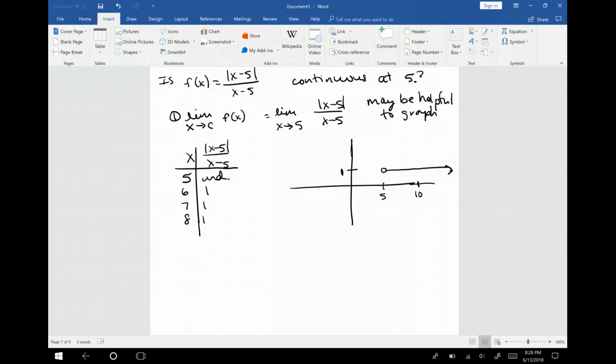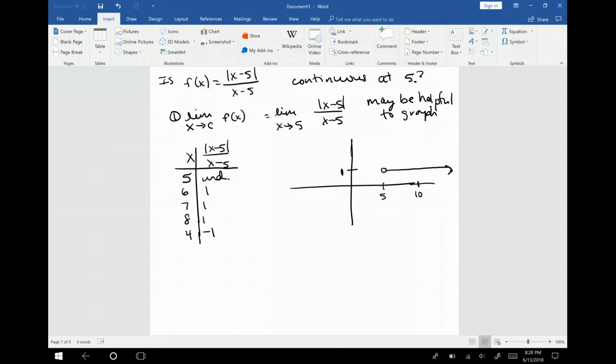The y values are all going to be 1s. All right, let's see what's happening when we go to the left of 5. Let's try 4, for example. If you plug in a 4, the numerator is going to be 1 and the denominator is going to be negative 1.